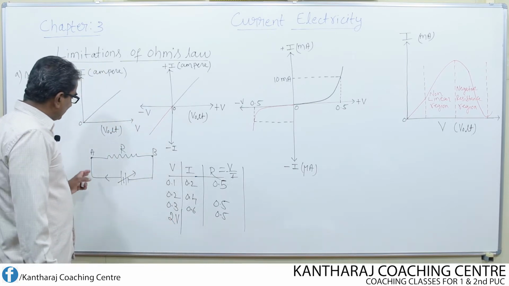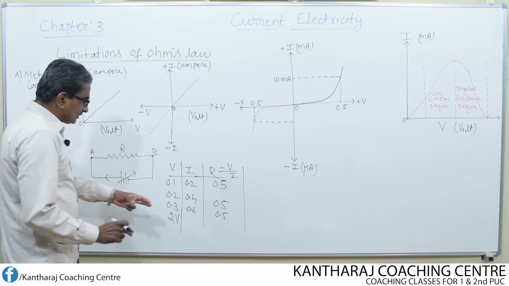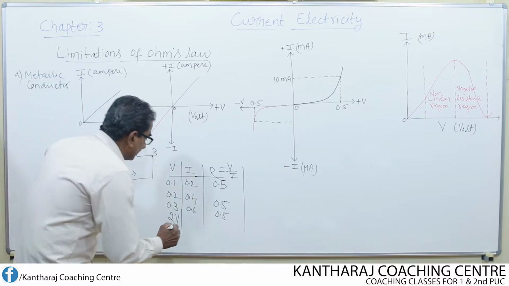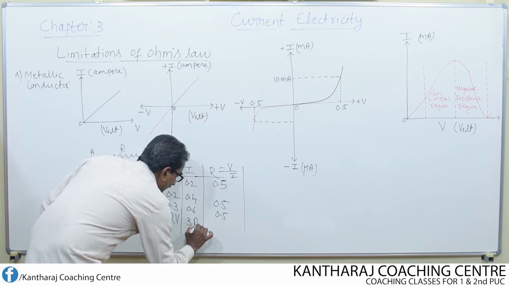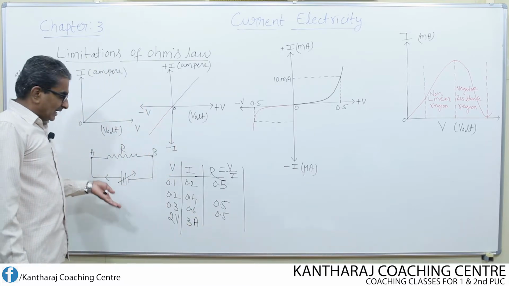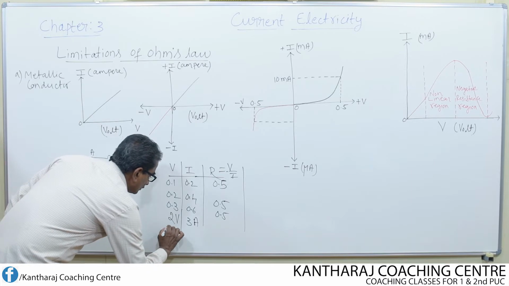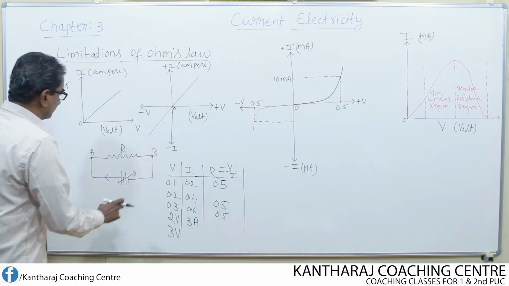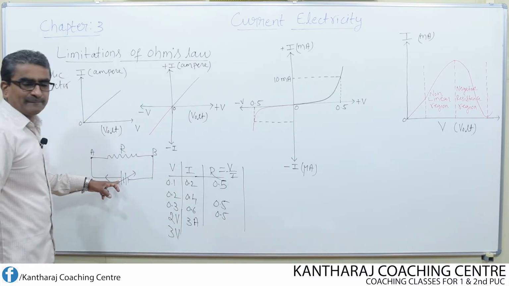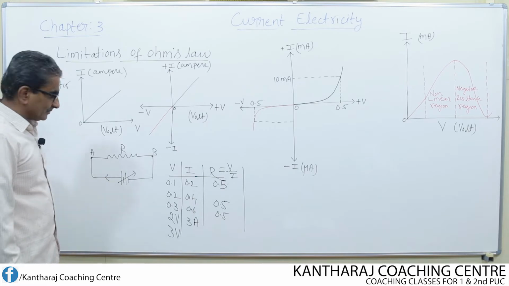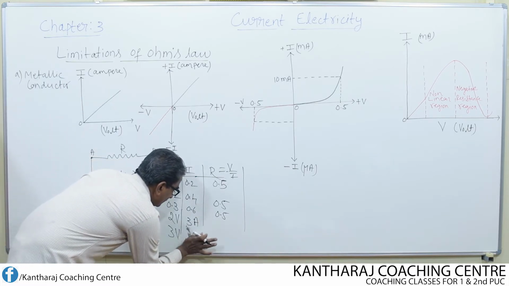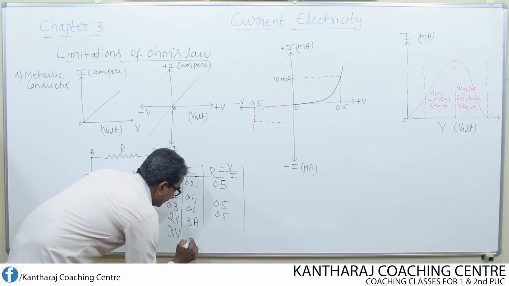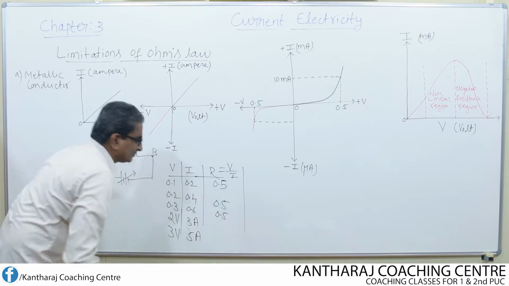Then for 2 volt potential difference, let us say now the current may be around 3 amps. Again, now vary the potential difference to 3 volt. I increase the potential difference between the two ends to 3 volt by operating this source. Now the current may be around, let us say, 5 amps.